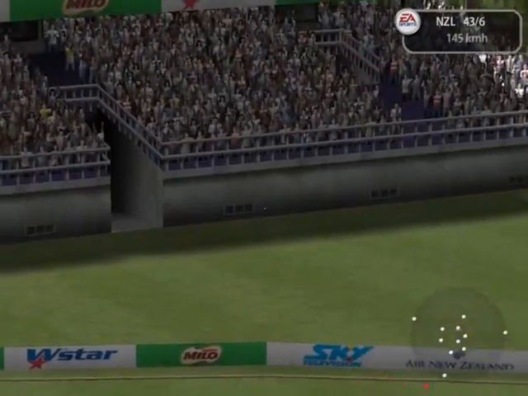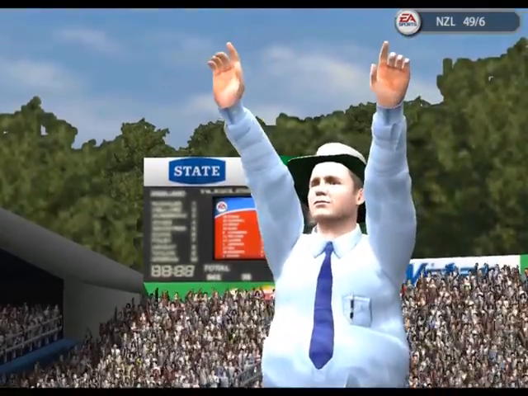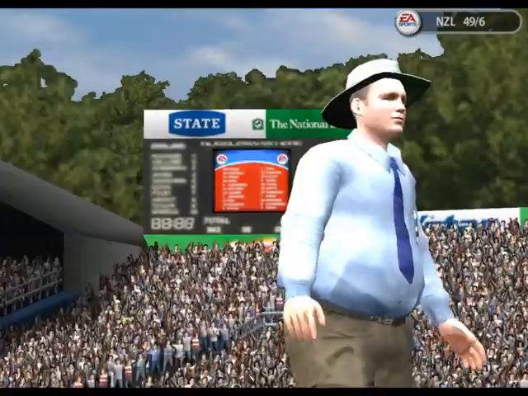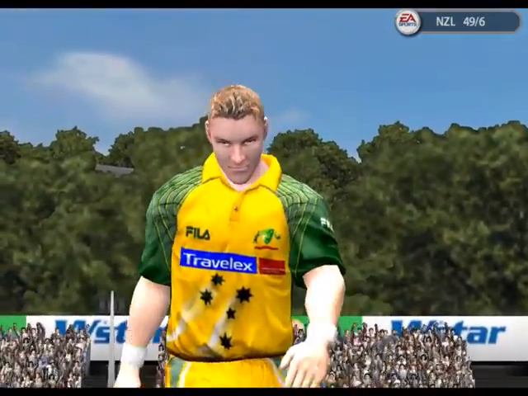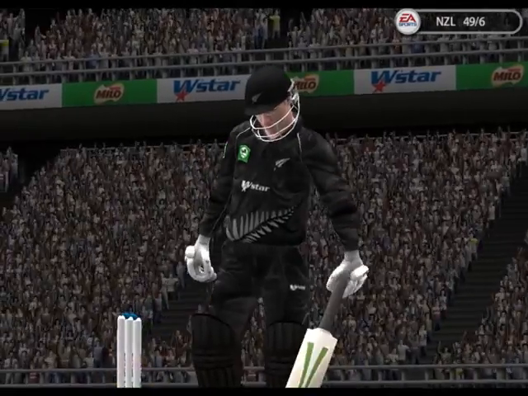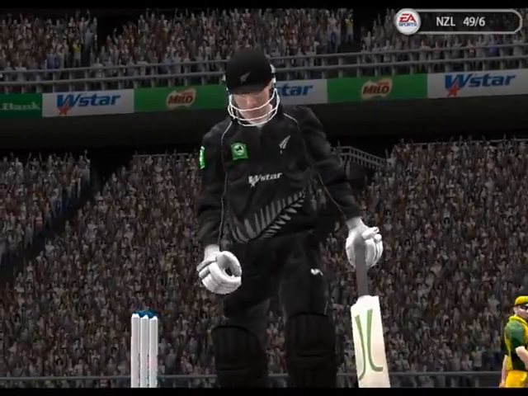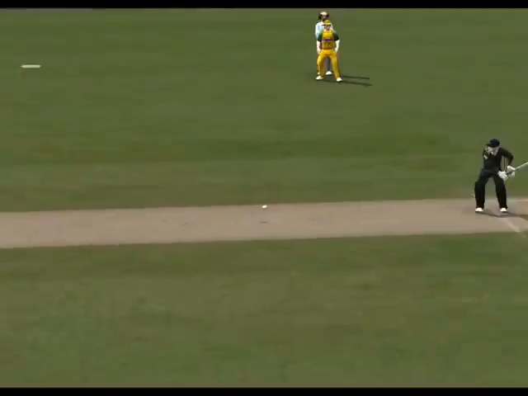He's got hold of that one, out of the ground. Vettori absolutely smashed that for 6. Hardly seemed to hit it. It's gone for 6. Let's take a look at that in slow motion.